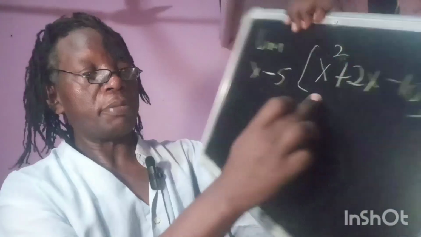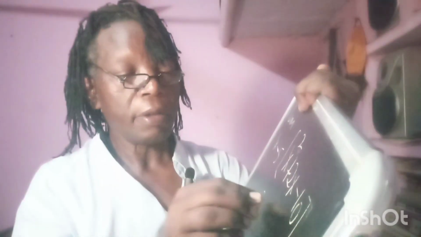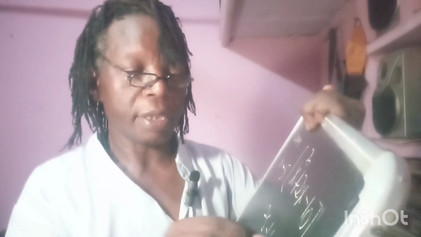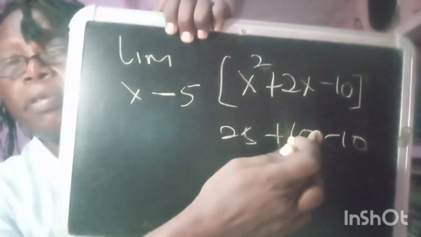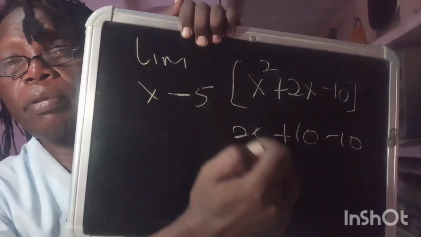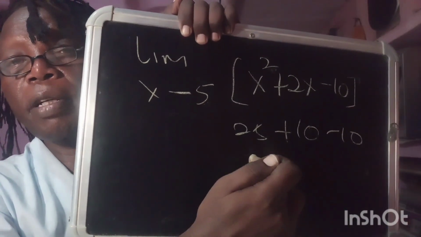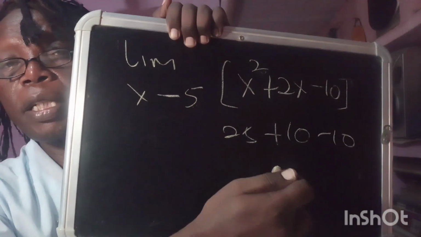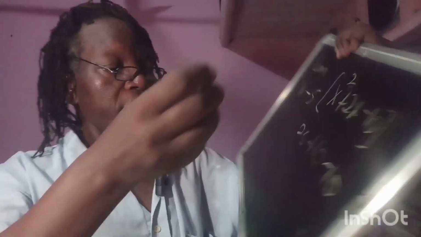So we plug in 5 here. 5 squared will be 25, and 5 times 2 is 10, minus 10. If you know some maths, you know what this means. So what's the solution? It's very easy. 25 plus 10 is 35, minus 10 is going to be 25 as the solution.